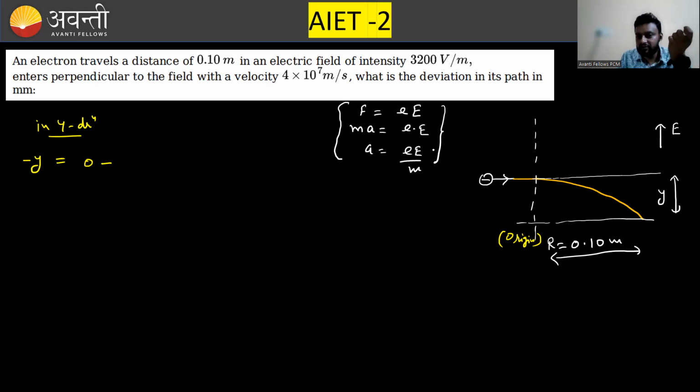In which direction will this acceleration be? In the downward direction. And what is the sign convention? That downward direction we will take as negative. So that's why in s equals ut plus half at square, the acceleration will be minus eE by m.